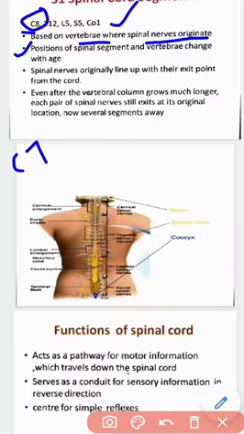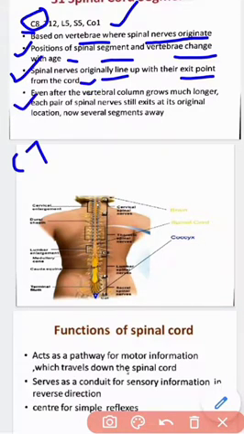The positions of the spinal segments and vertebrae change with age. Spinal nerves are originally lined up with their exit point from the cord.